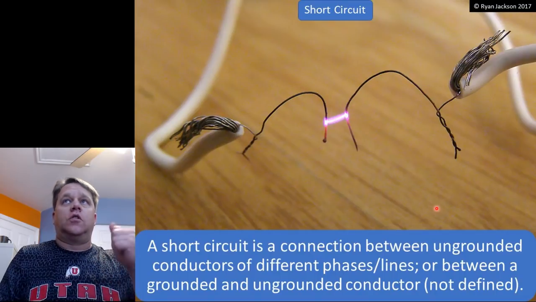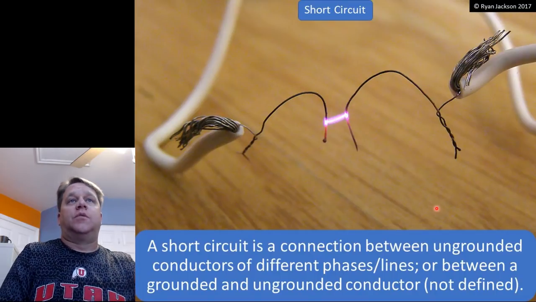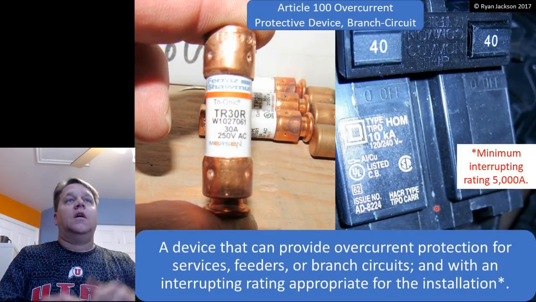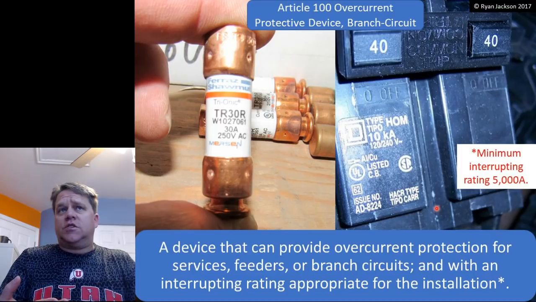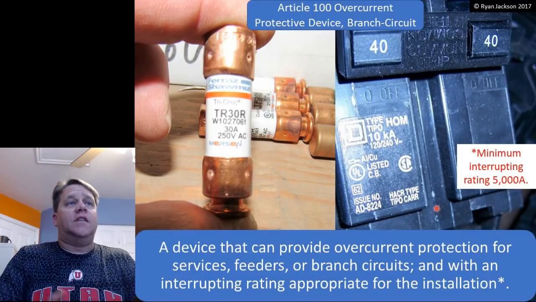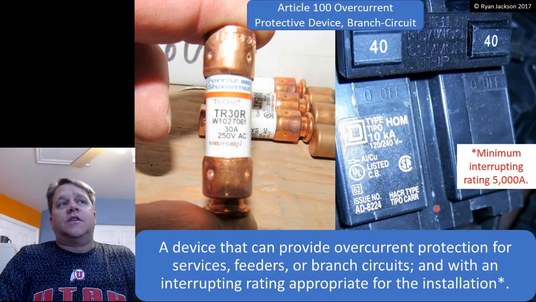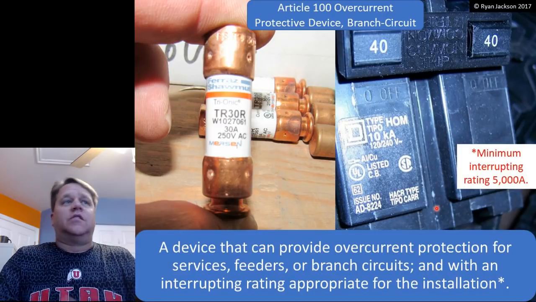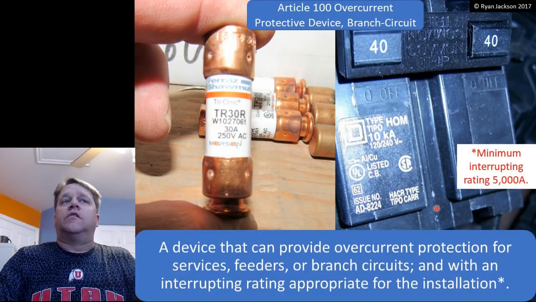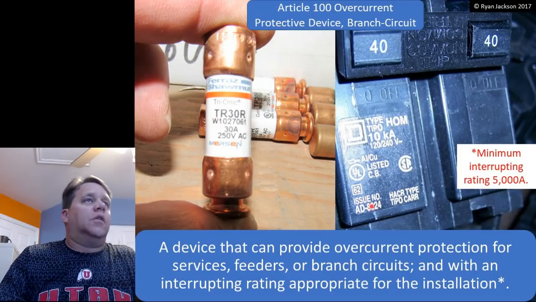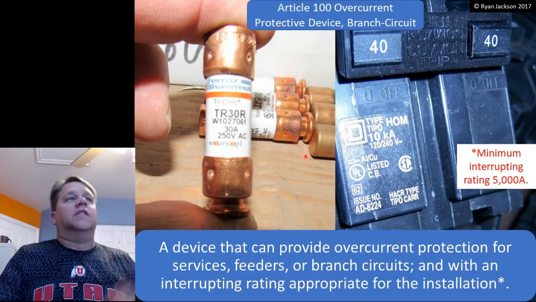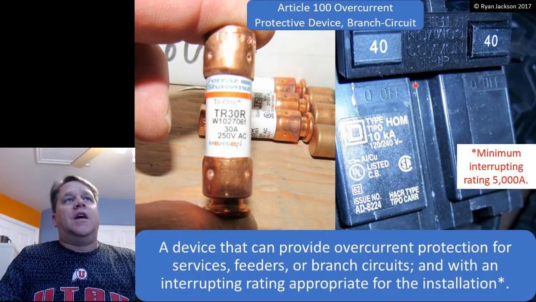All right, so an overcurrent protection device provides protection against all of those. And in Article 100, we have a definition for overcurrent protection device, branch circuit type. It's a device that can provide overcurrent protection for services, feeders, and branch circuits, with an interrupting rating that's appropriate for the installation, and it's at least 5,000 amps. All right, so 30 amp fuse here. That is an overcurrent device. 40 amp breaker.